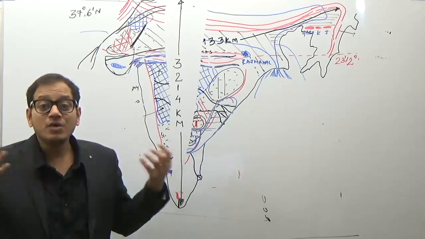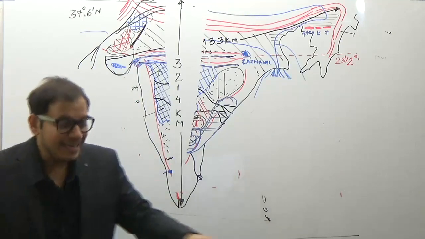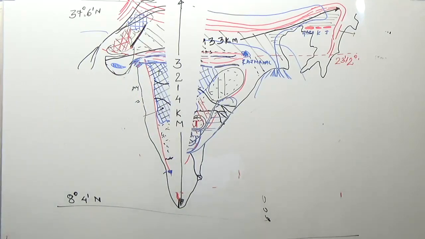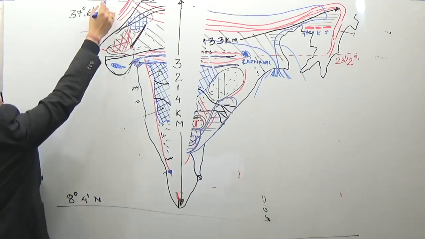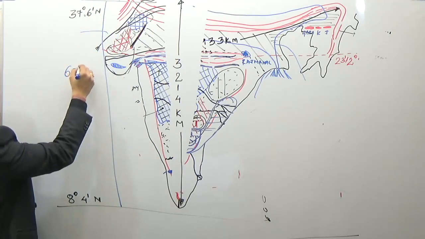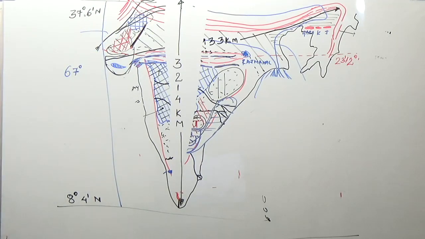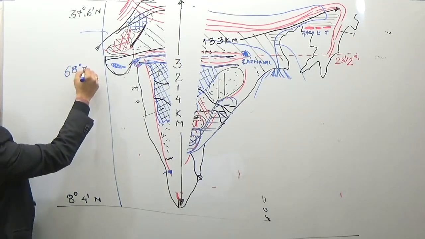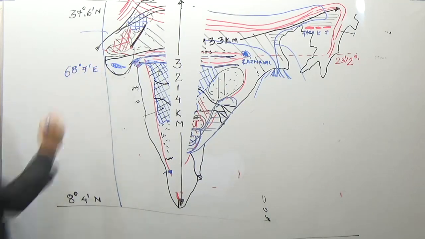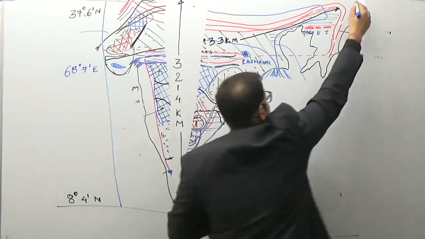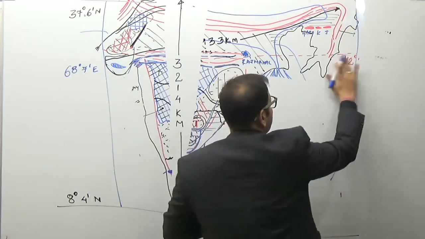Before that, how is the east-west extent of India? India lies from around, I will use the blue pen here, India lies between 68.7 degrees east to around 97.25 degrees east.